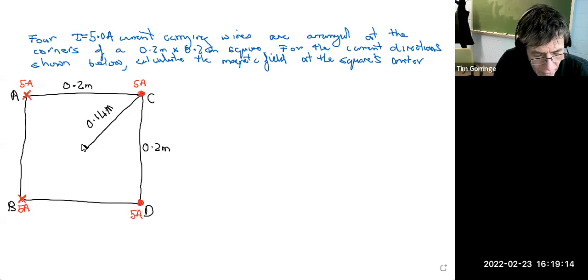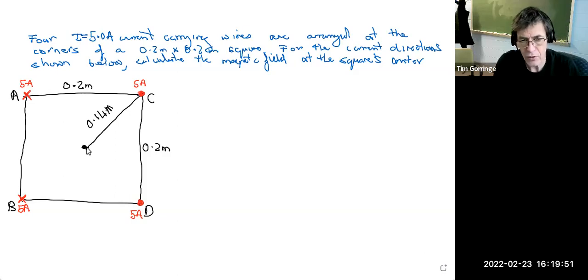So each of the 4 wires is the same distance from the center of the square because it's a square. And that distance is 0.14 meters by Pythagoras' theorem. Anyway, what is the total field of the 4 wires at this center?